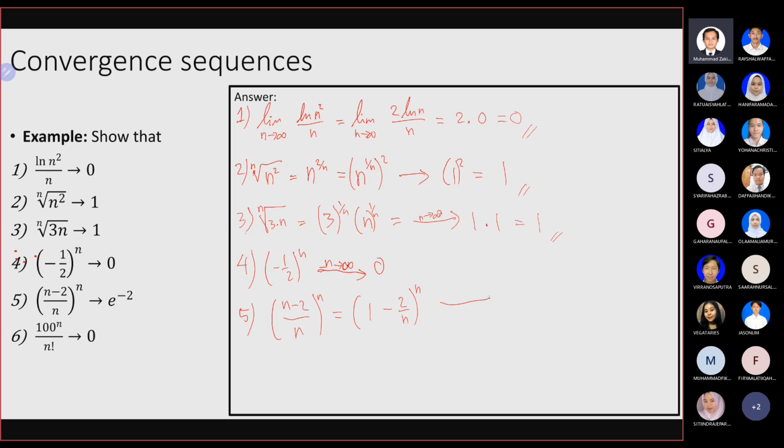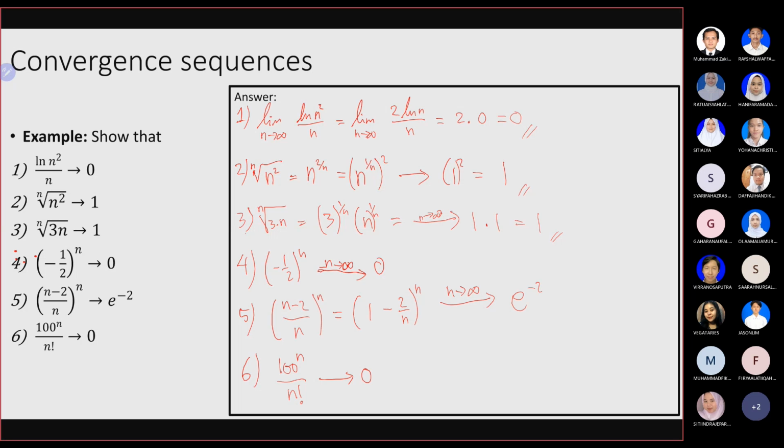As n goes to infinity, this is going to e power minus 2. And for the sixth one, we have 100 over n divided by n factorial. Well, this is going to 0. All are from the previous formula. Jadi semuanya dari rumus yang kita punya tadi. Makanya saya bilang kalian tidak perlu menghafal, yang penting kalian tahu rumusnya ada di mana, gitu ya.